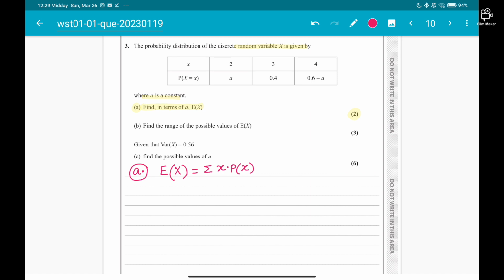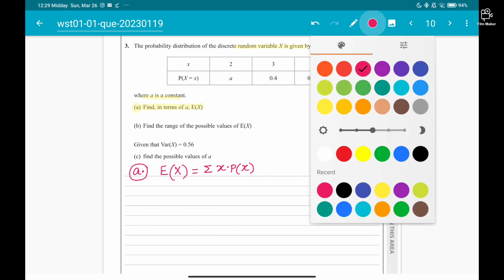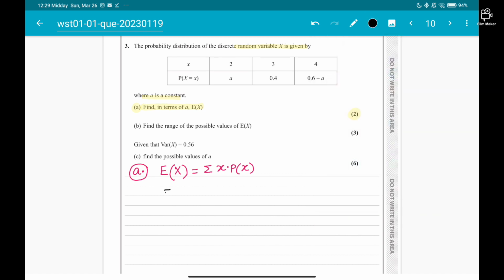So multiply X with the probabilities and then add all of them. Here we go. It will be 2 times a plus 3 times 0.4 plus 4 times (0.6 minus a), and that will be your mean in terms of a, students.